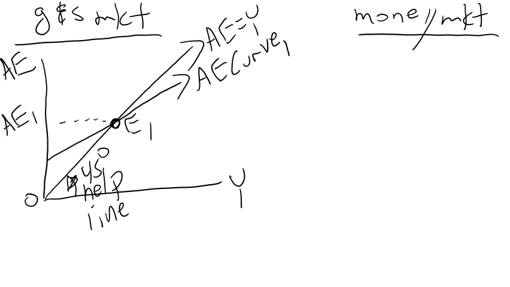Aggregate expenditures 1. National income level Y1. And this would be autonomous aggregate expenditures 1.